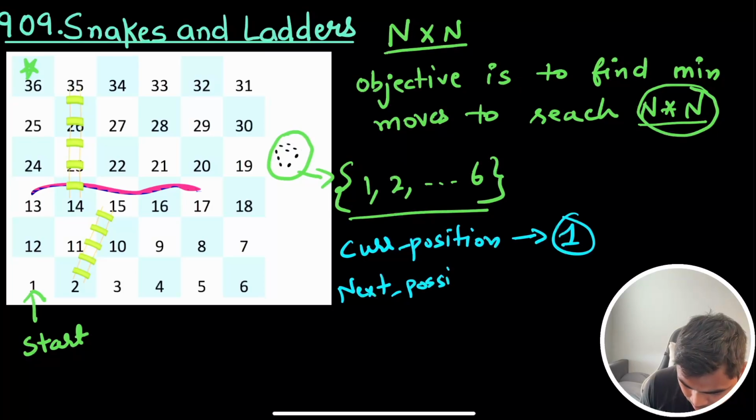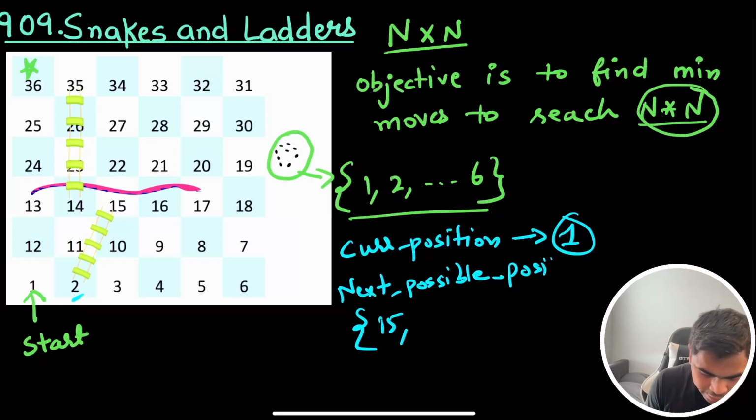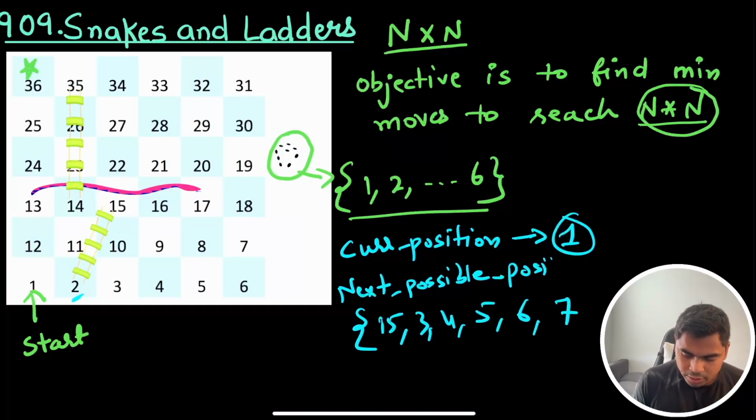Well, 1 plus 1 takes you to 2, but 2 takes you to 15. So 15 is your next position. Then you have 3, then you have 4, then you have 5, 6, and 7. So you can basically go to all these positions.